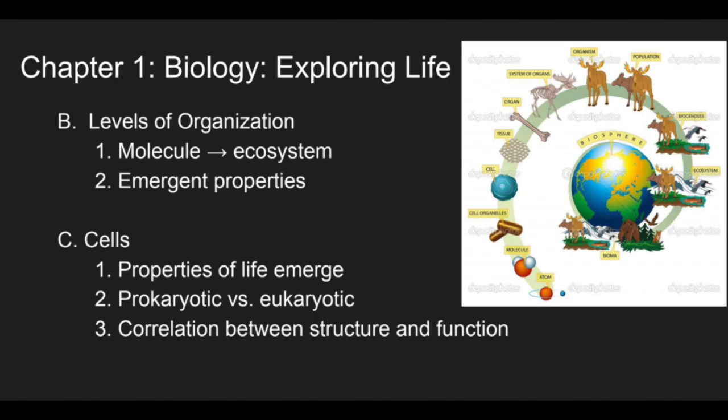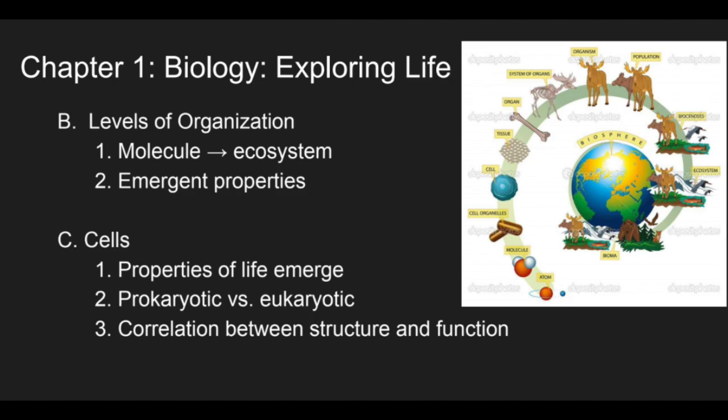So now that we've found the organisms, within an organism most are going to have organ systems. And organ systems such as the circulatory and the nervous system are going to consist of organs made of tissues. And those tissues are all put together to create a specific function for an organ.